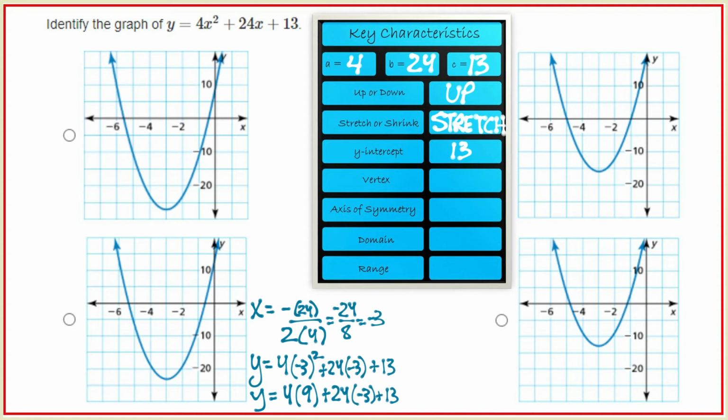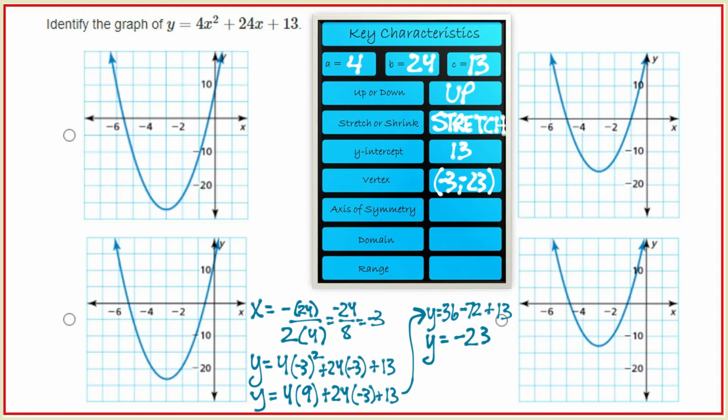And when we continue this part of the problem, we'll have y equals 36 minus 72 plus 13. And so y equals negative 36 plus 13, which is negative 23. So the vertex on this problem is at negative 3, comma, negative 23.